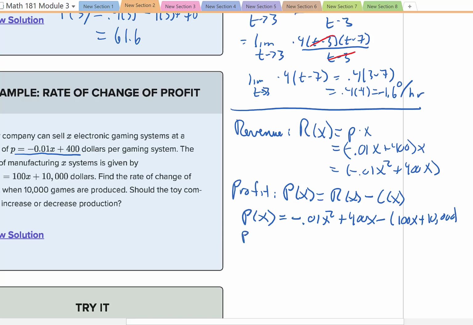So our P of x would be negative 0.01x squared. 400 minus 100 is plus 300x, then minus the 10,000.